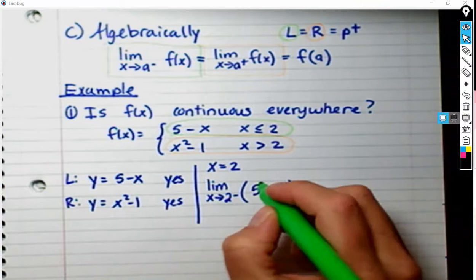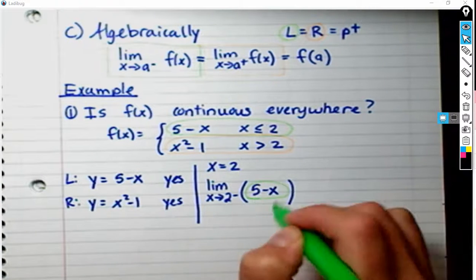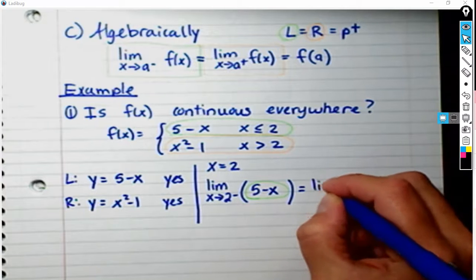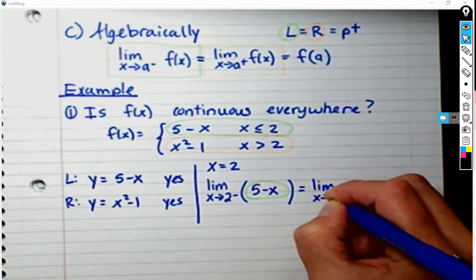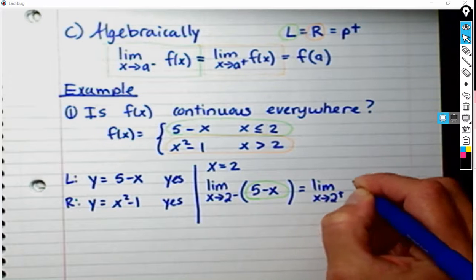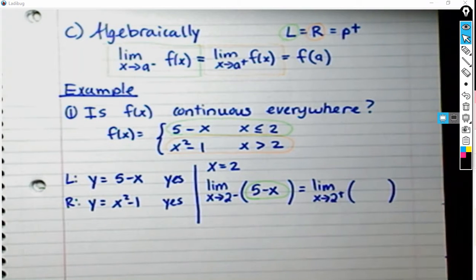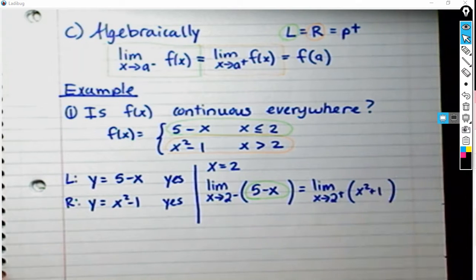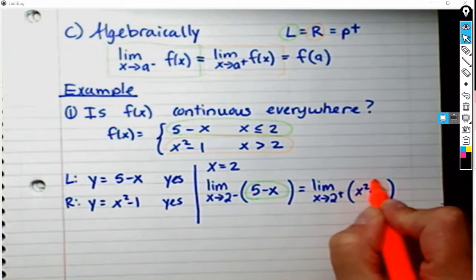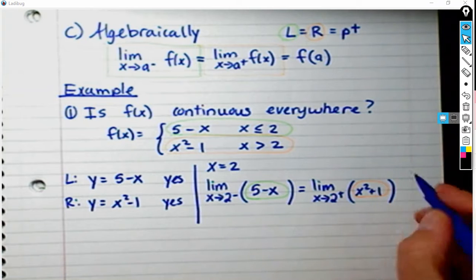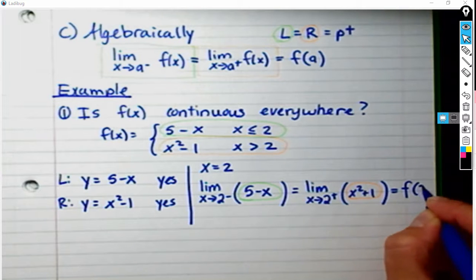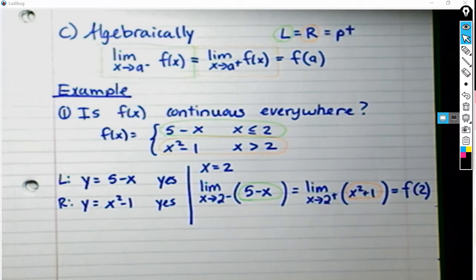That's where the green part comes in, equals the limit as x approaches 2 from the right. That's the orange part. And the point, f of 2.